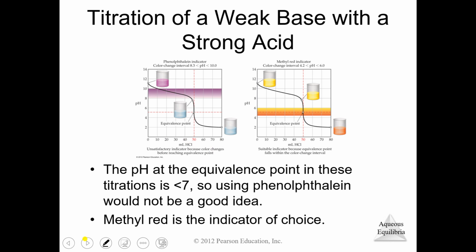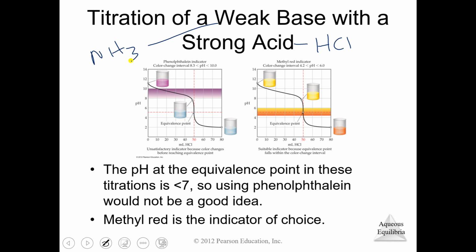Titration of a weak base with a strong acid is exactly the same, but opposite, right? So if we have a weak base in the flask and the strong acid, maybe hydrochloric acid with NH3, so if we had maybe our strong acid is maybe HCl, and our weak base is maybe NH3, okay?